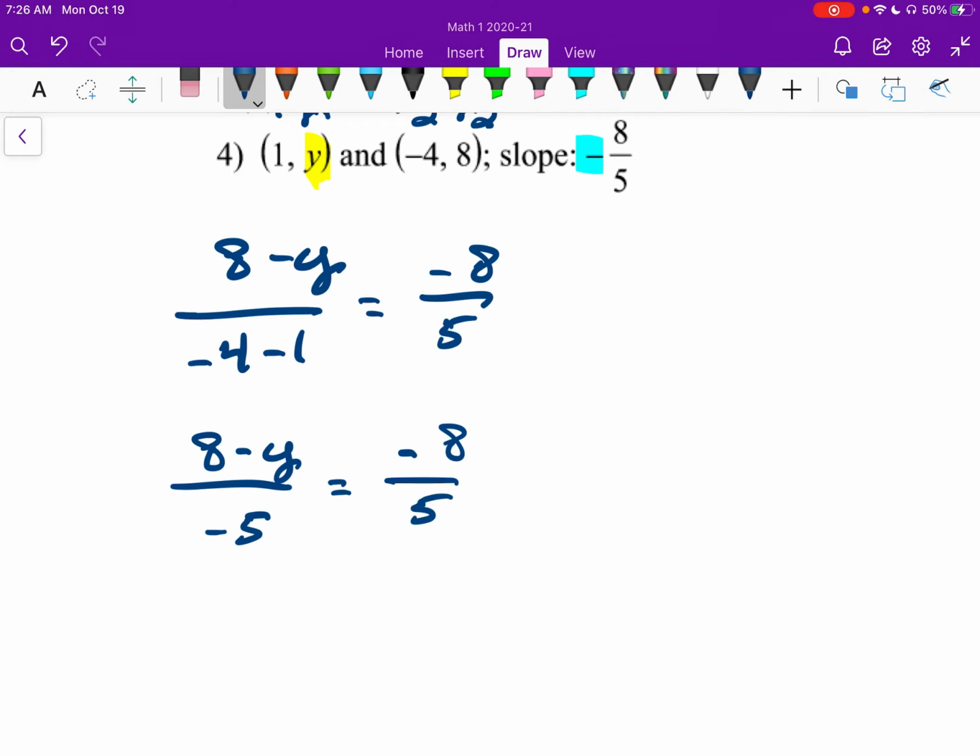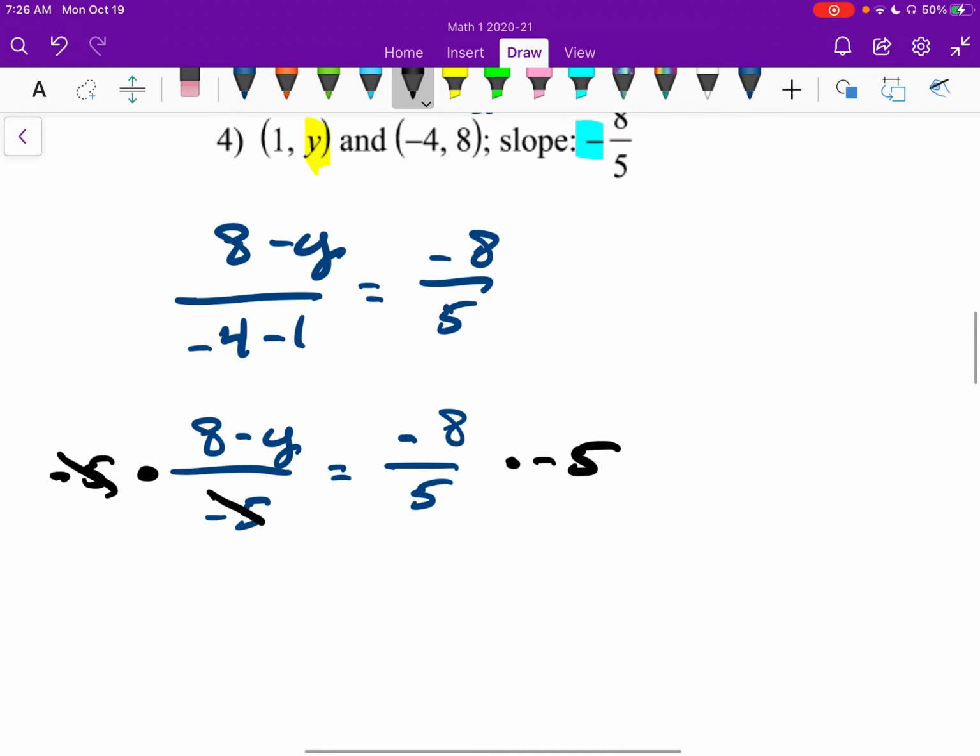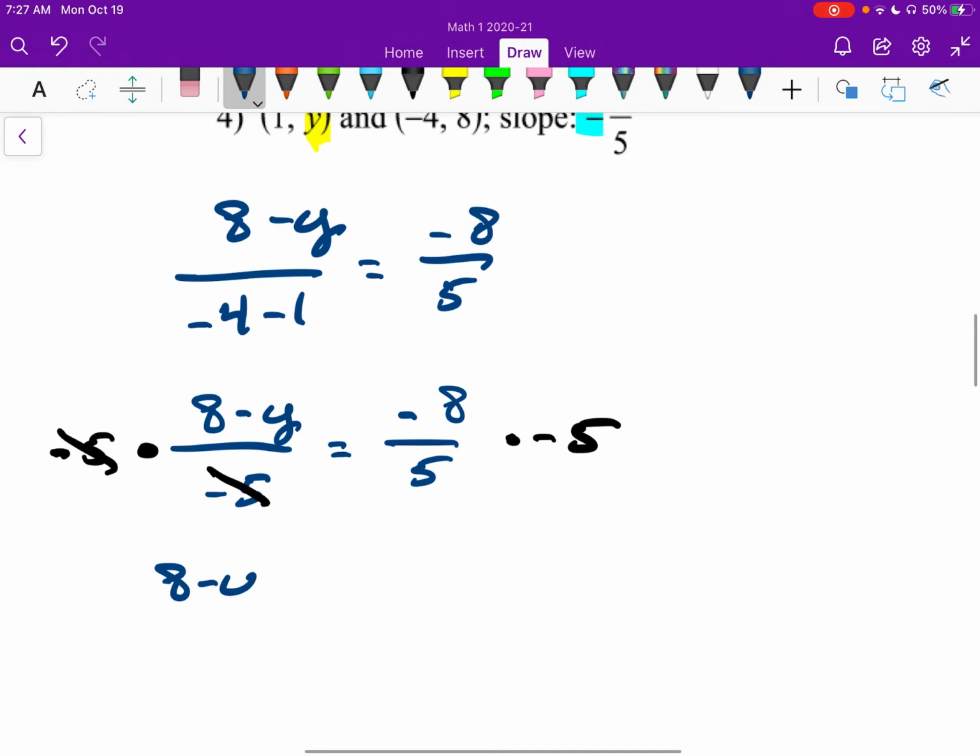Now, here's where I think it gets a little bit easier. My variable is already in the numerator, so I'm not going to need to multiply by it. I'm going to multiply by what is in the denominator, which is negative 5. So my negative 5 on the left cancels, and I've got 8 minus y equals, on the right here, my 5 will cancel, and my negatives will cancel.